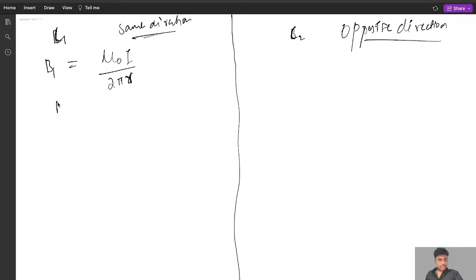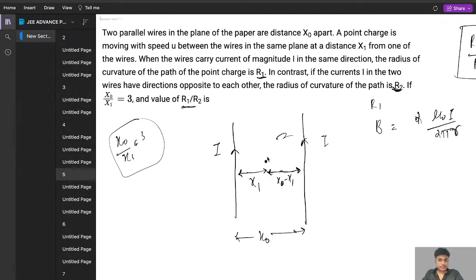So for this B1, if you see the magnetic field due to wire 1, if I call it wire 1 and the other wire 2, the magnetic field due to wire 1 is in the cross direction, and due to wire 2 it is in the dot direction, right? You understand this?